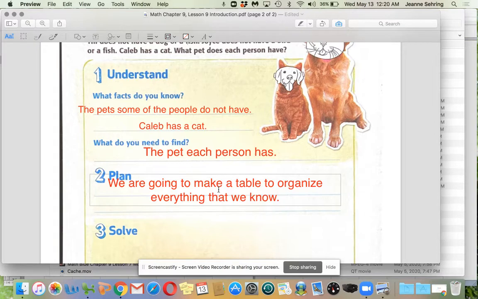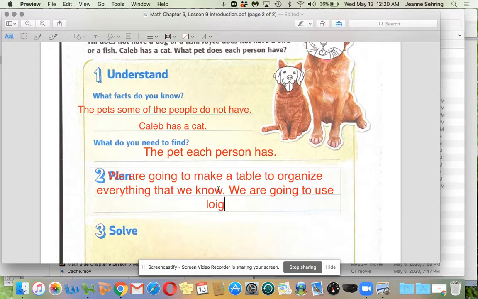All right? Then we are going to use logical reasoning to find the answer.